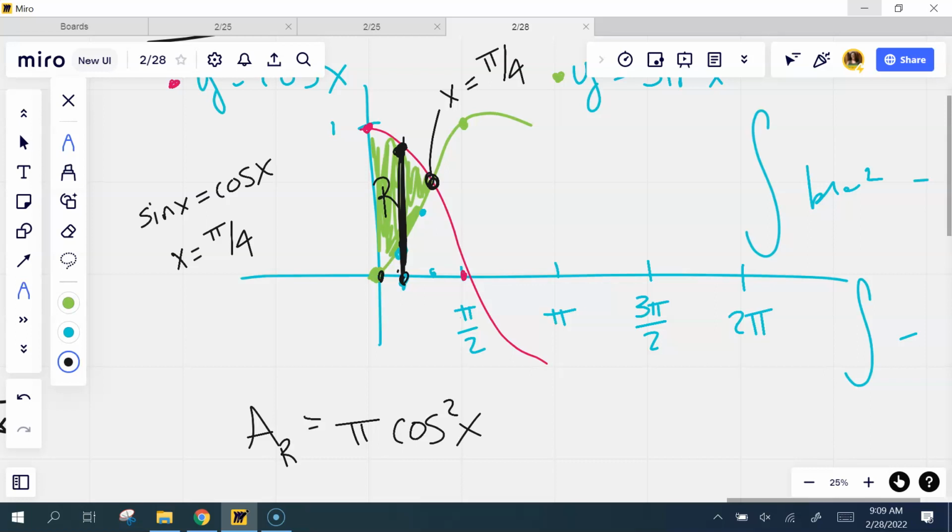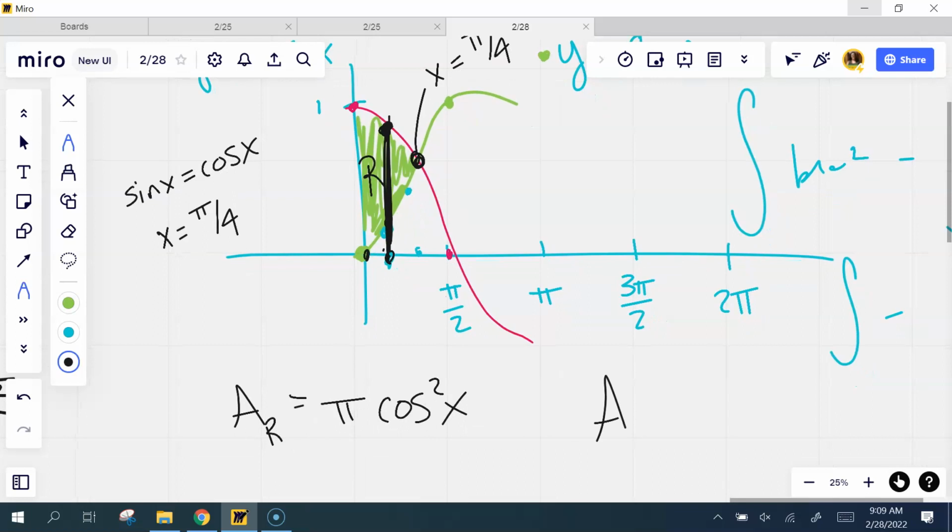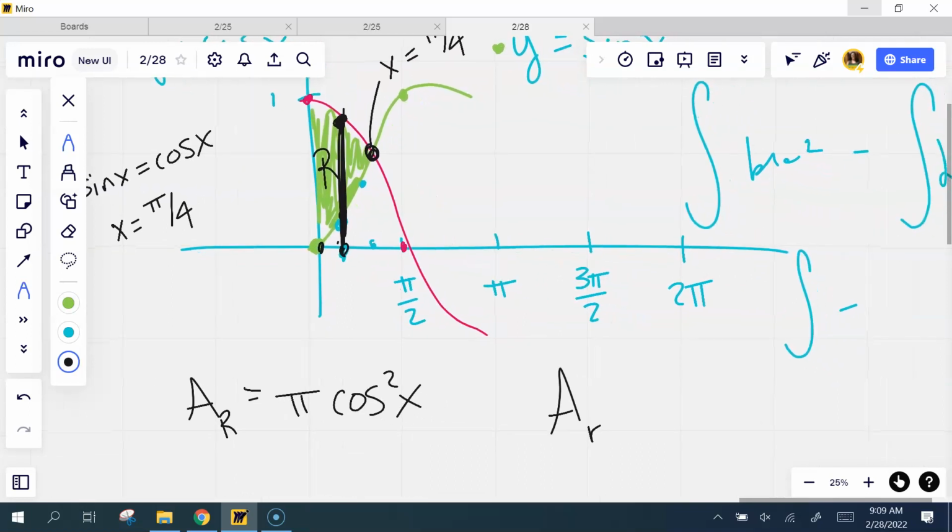Now I need the area of the hole. So little r. So that's pi sine squared x. Well, watch what happens.